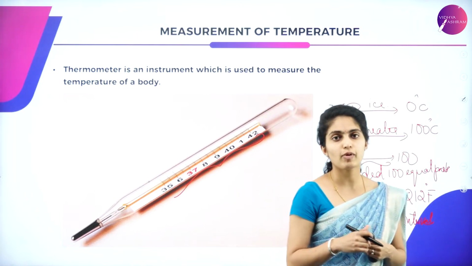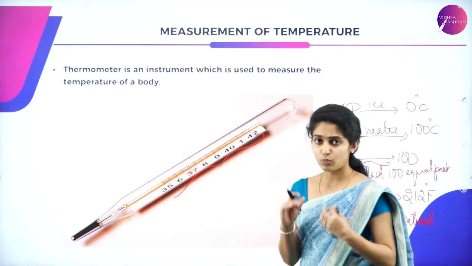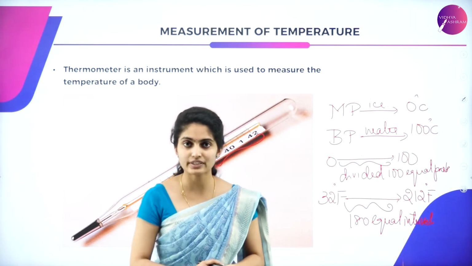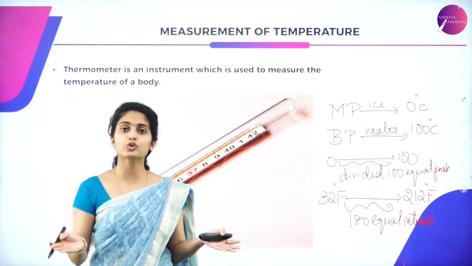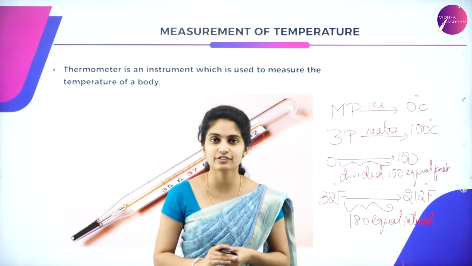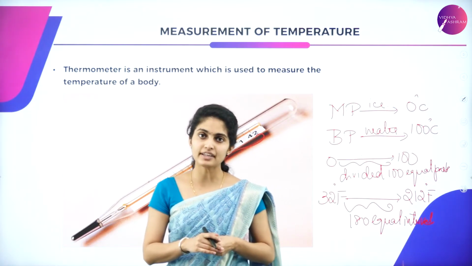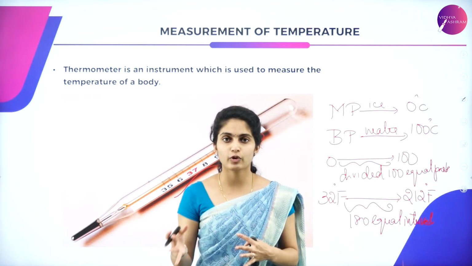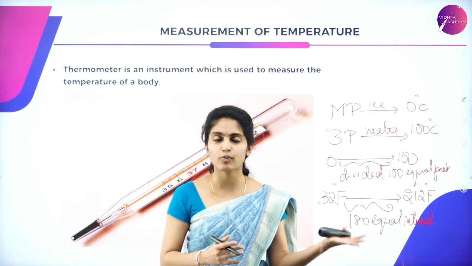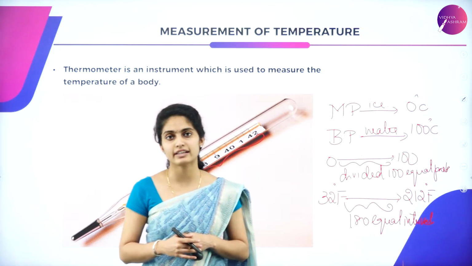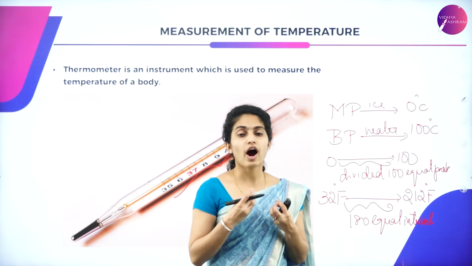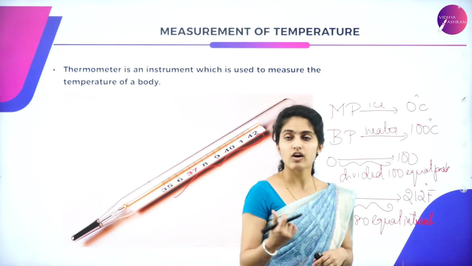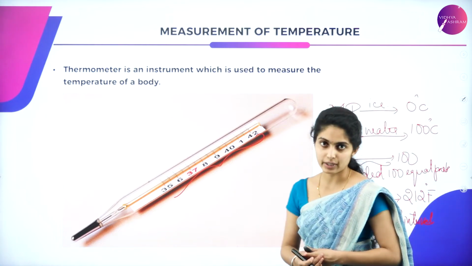That is all about your temperature scales. The instrument you use to find the temperature is the thermometer, of which you have studied 3 types, under which you have studied the melting point of ice and boiling point of water in the Celsius scale, and the melting point of ice and boiling point of water in the Fahrenheit scale. And you got to know into how many equal intervals both are divided. So that is all about the measurement of temperature.